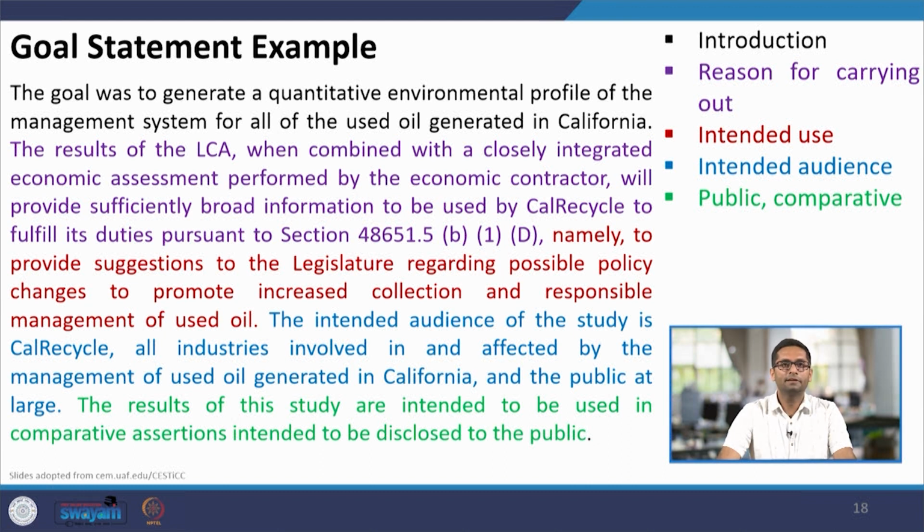So basically they are trying to meet a legislative requirement brought in by the California government, and they would want to bring in the economic numbers and the environmental numbers. So they are clearly stating that they want to meet the legislative requirements of particular government guidelines, for which they are doing an LCA, and this LCA would be very closely linked to an economic analysis as well. What is the intended use?